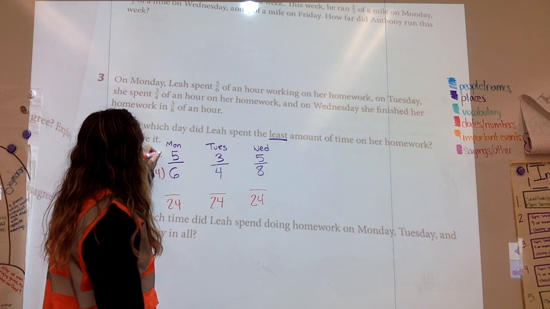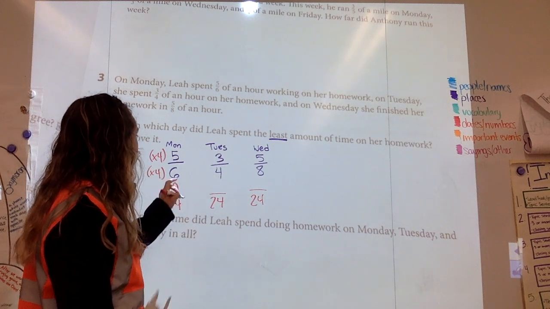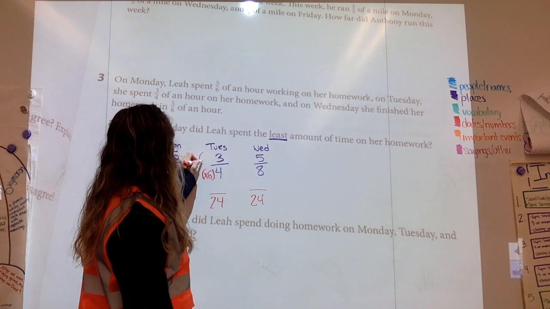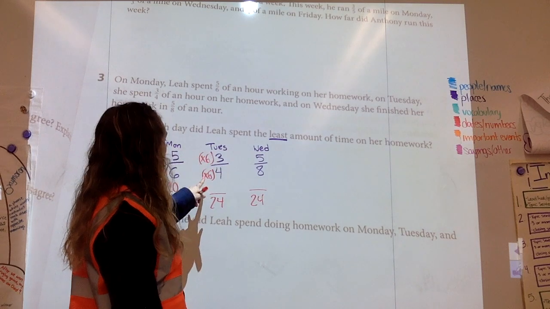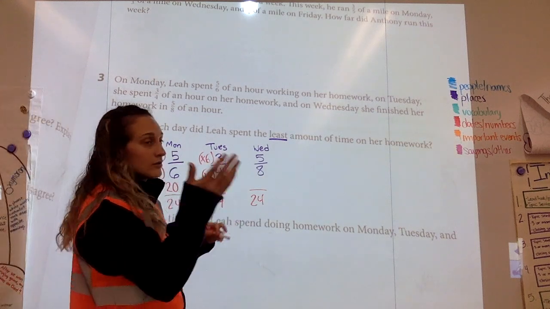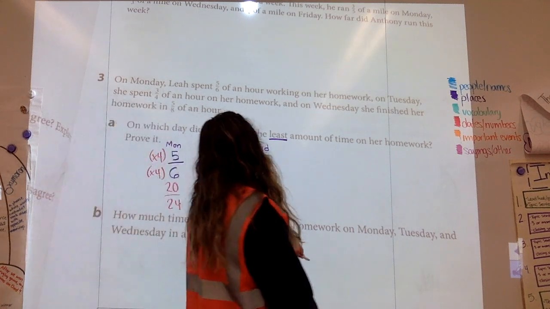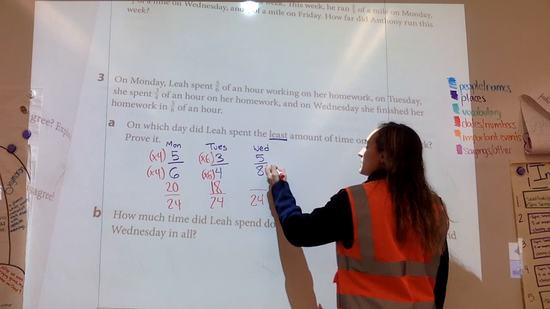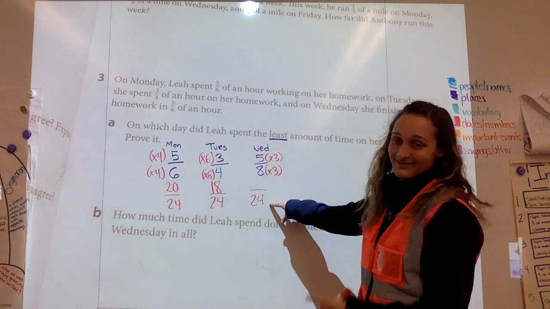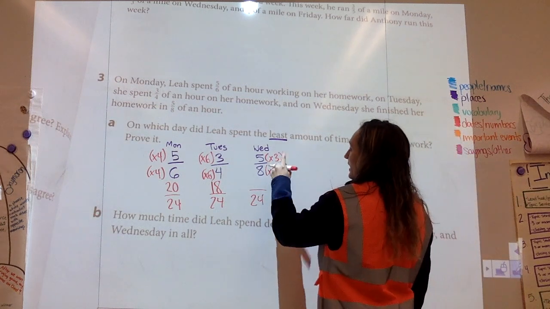Once you do the bottom, you have to do the top, giving me 20/24ths. 4 times 6 is 24. And once you do the bottom, you have to do the top. 6 times 3 is 18/24ths. And finally, 8 times 3 is going to give us, guess what, 24. And once you do the bottom, you have to do the top. So 5 times 3 is 15.